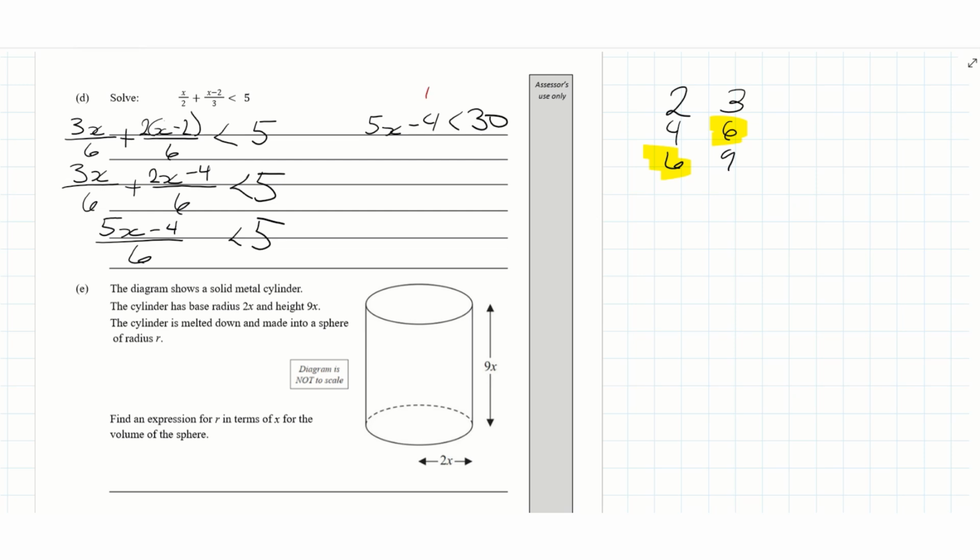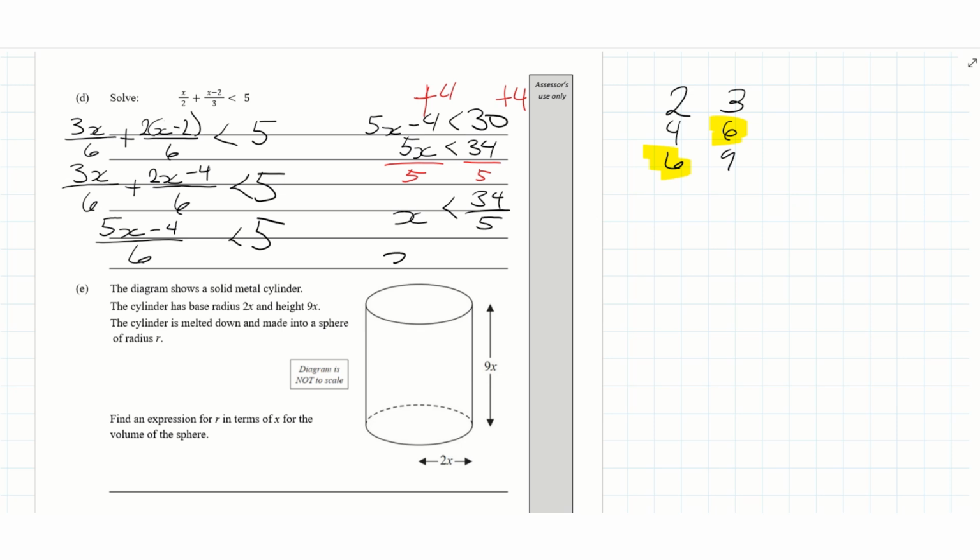I'm going to add 4 to both sides. And I'm going to get 5x is less than 34. And then I'm going to divide both sides by 5. And I will get x is less than 34 over 5.